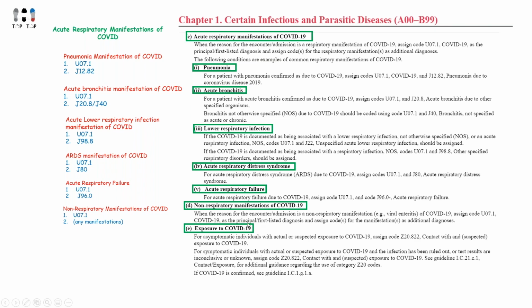Now, when a patient has exposure to COVID-19, exposure only without symptoms, you're going to sequence Z20.822 first, or the reason for the encounter. So this is asymptomatic. Now, when there are symptoms with COVID, but no positive COVID test, and they're just exposed, Z20.822, or the RFE, reason for encounter.